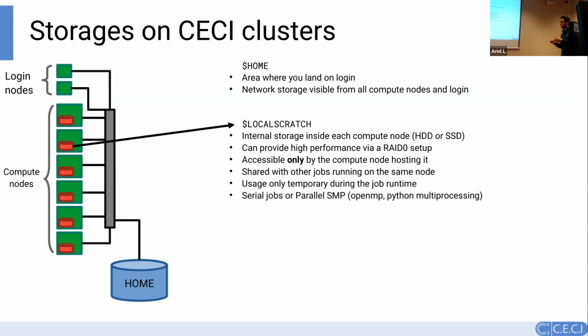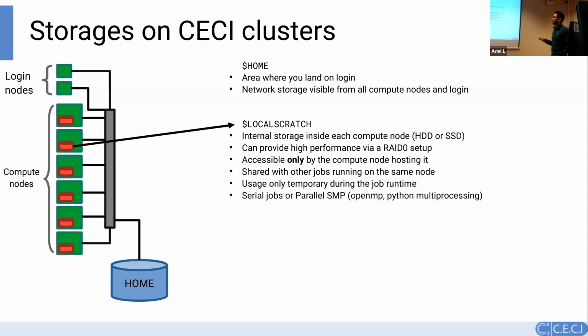They can be HDDs or SSDs, but they are inside each compute node. Of course, this is accessible only by the compute node hosting the disk. It's identical to a laptop or a tower workstation.